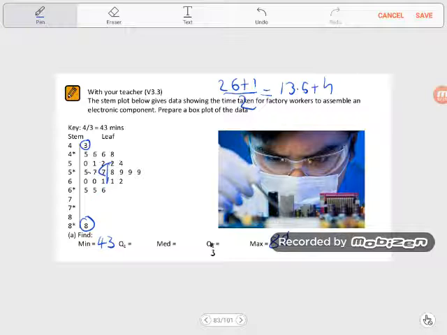So for the median, we're right between these two scores, 57 and 58. So of course we add those up and divide by 2, which gives us 57.5 for our median.